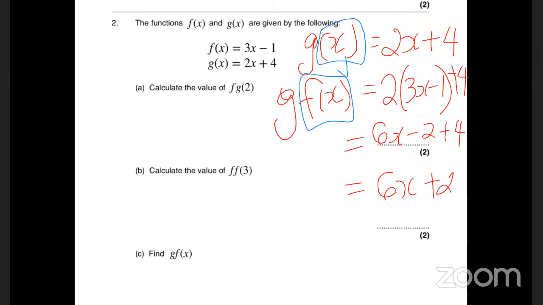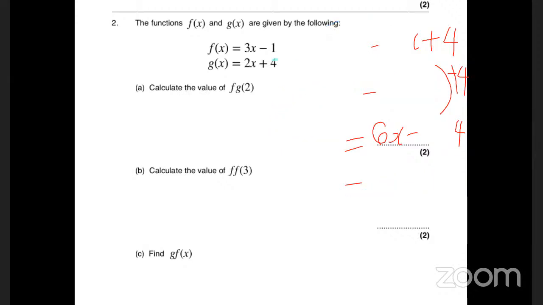Okay, so let's check 2a. I checked 2b, so 2a is the one we're going to check. So with 2a, we're going to put g of 2 into f.